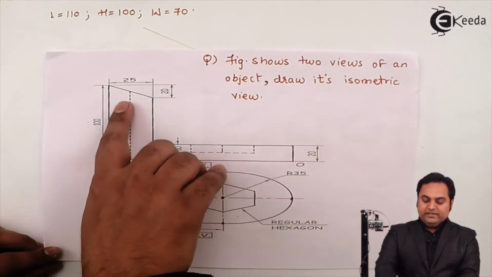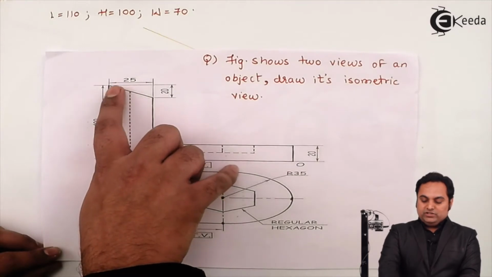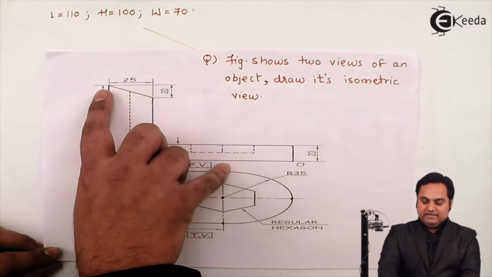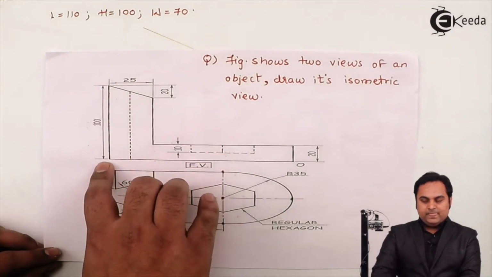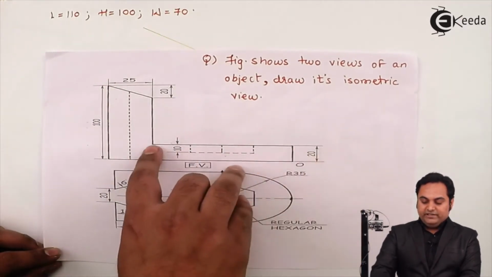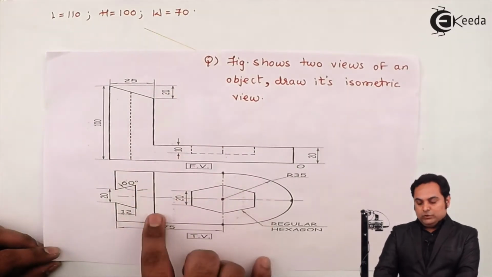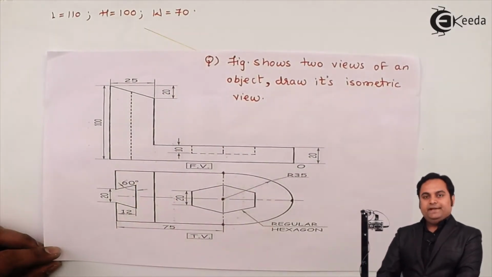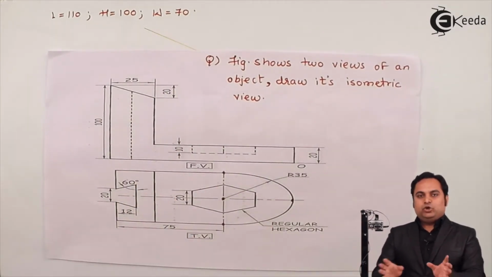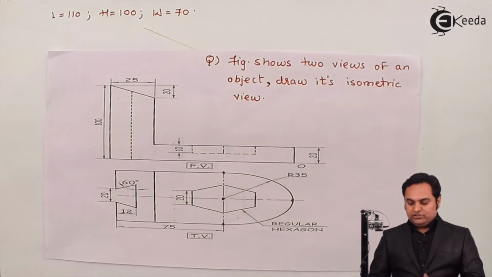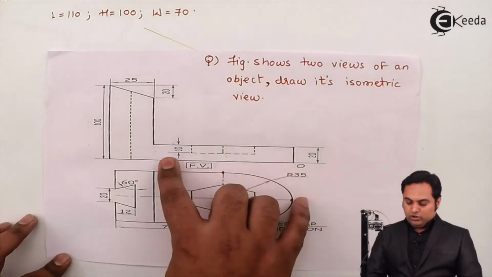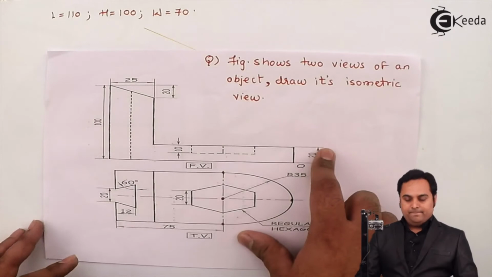Next, there is a vertical plate whose length is 25 and it has a total height. Total height is 100, but if we measure from this 20, it is 80 mm. So I'll divide this drawing into two plates or two blocks. One block is horizontal, another block is vertical. So first, to draw this horizontal block, I require a height of 20 mm.